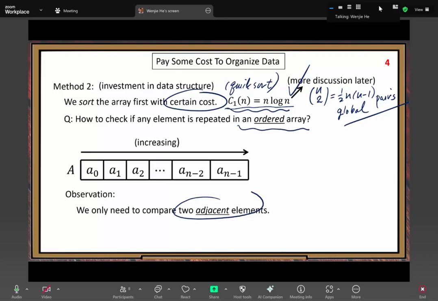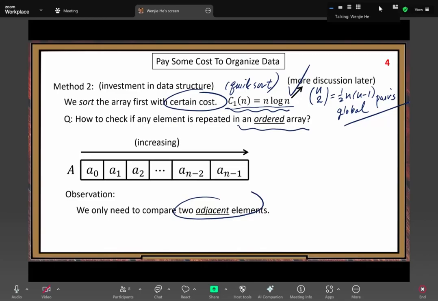Here you can see what we are doing: from global processing to local processing. Global processing, very expensive because too many cases. Local processing, much cheaper because we greatly reduce the total number of cases to be considered.